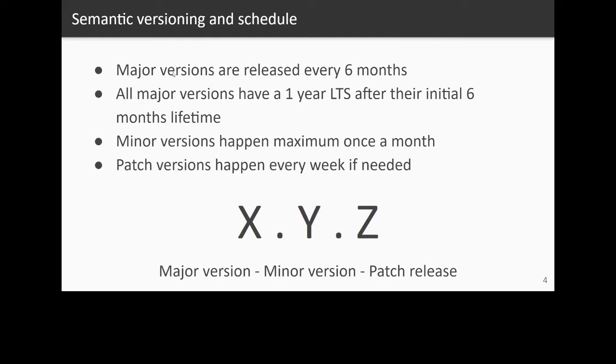The major versions happen every 6 months, that's for sure. But every month in between, we have minor versions. And sometimes these minor versions actually have more interesting features than the major versions themselves.